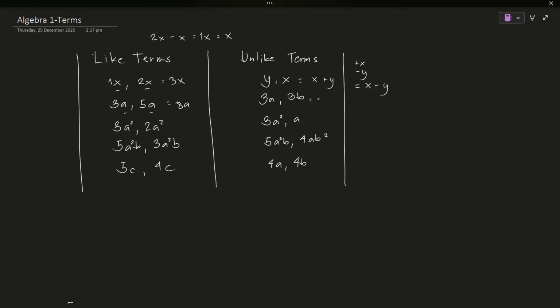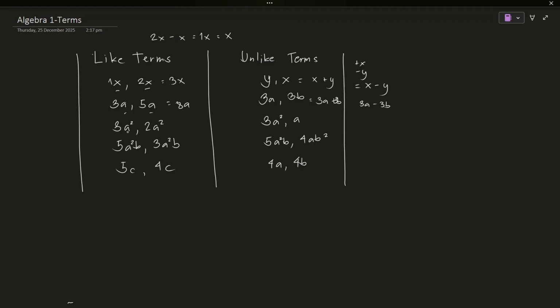So if we add them, it will just become 3a plus 3b. And if we subtract them, it will just become 3a minus 3b.